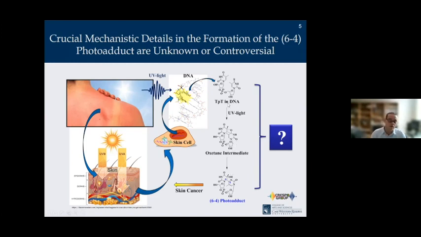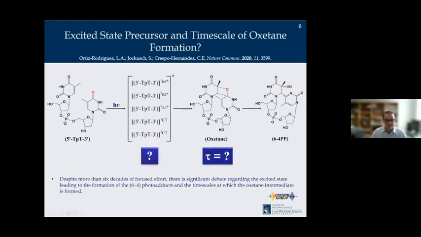So all those questions have been very difficult to answer, even though there have been more than 60 years of continuous study of this process. For example, most of what we know about the reaction mechanism has been fully dependent on quantum chemical calculations.